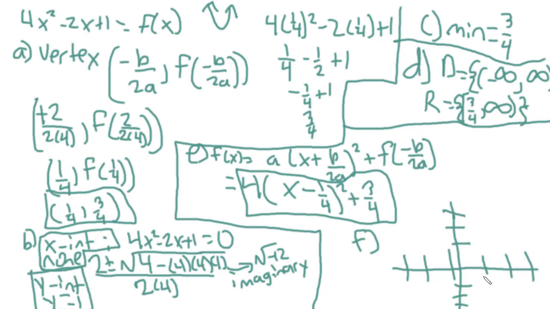So now my vertex is at 1/4, 3/4, which is about here, somewhere right about there. And I know my y-intercept is at 1. And I know that I can get a mirror image of this point. I don't have any x-intercepts, but I do know that I can get a mirror image of my y-intercept by reflecting it over the vertex. So my vertex is 1/4 away, so I can go 1/4 in the other direction and put a dot, basically at 1/2, a little bit after 1/4. And then there's my parabola.